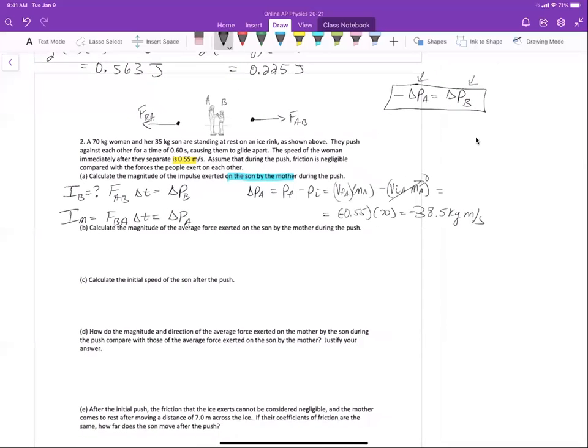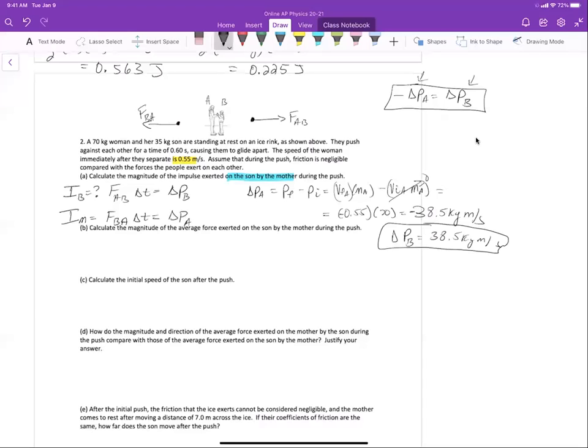So I know that the change in momentum of the son is 38.5 kilogram meters per second. Now they only asked for the magnitude, so we didn't really care about the negatives, but I wanted to go through all of it. So there's the answer to that question.